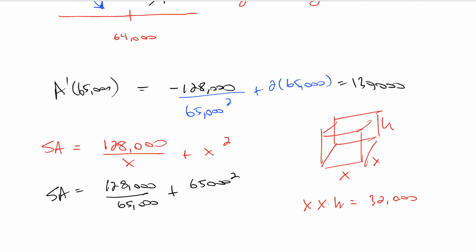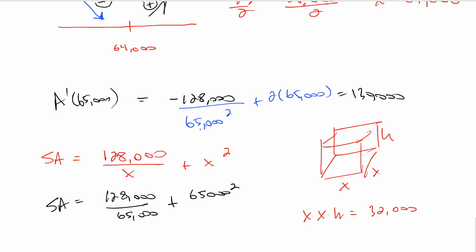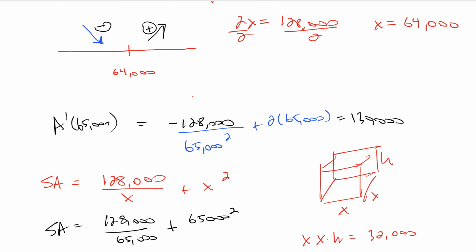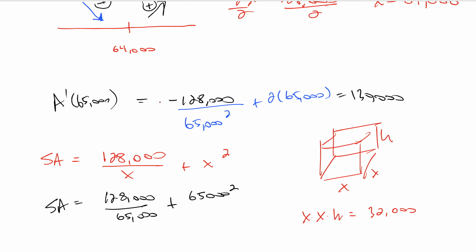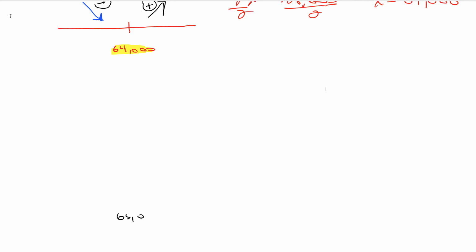And we know the x value that minimizes the box is 64,000. Actually, first of all, that 65,000 number was wrong to begin with. It should have been this number, right? So hold on, let me erase this.